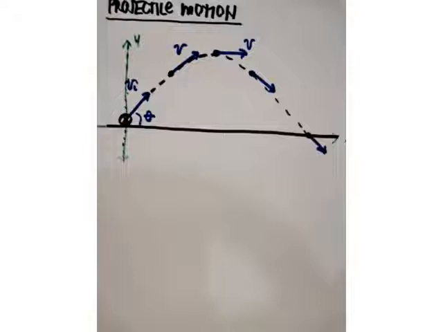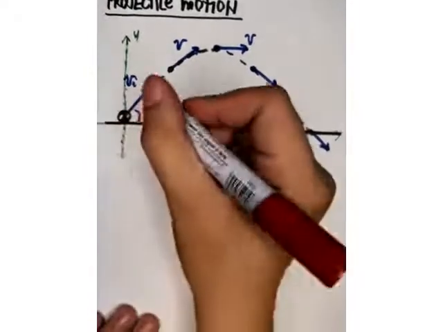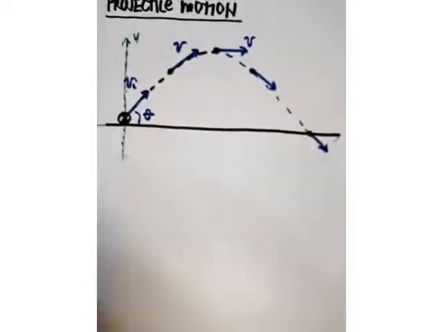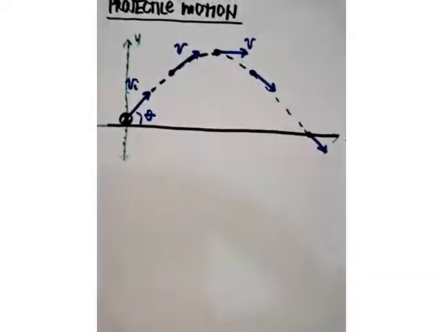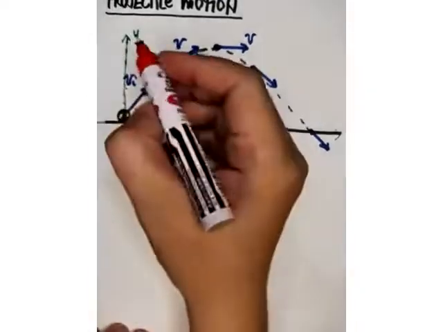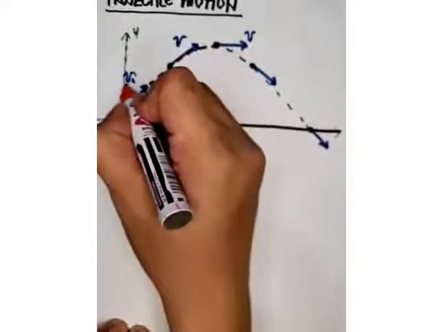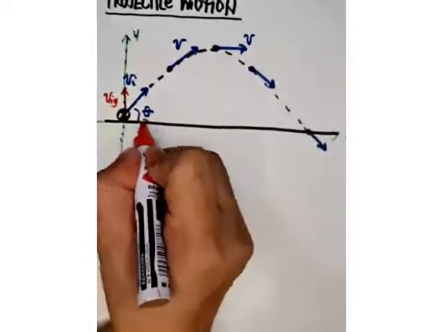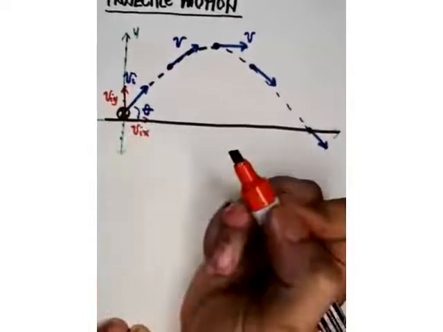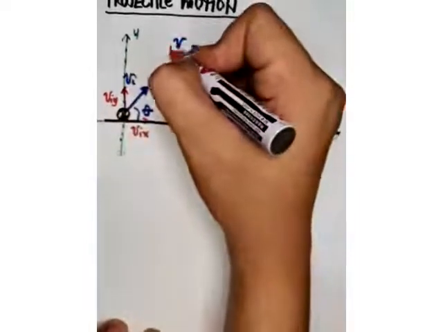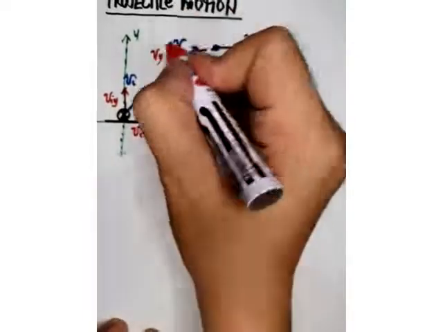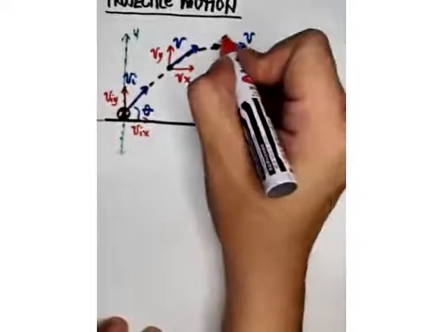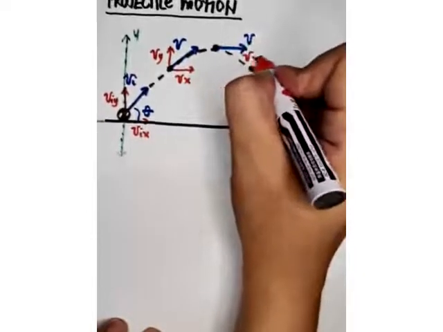Kung i-analyze natin, kung ito ay isang vector at meron siyang direction, we can transform it into its components. So meron ding component yung initial velocity. Ito yung kanyang VIY kasi vertical. Ito naman yung kanyang VIX. Pagdating dito, meron din siyang VY at meron din siyang VX. Siyempre dito, meron din siyang VIY at VX.